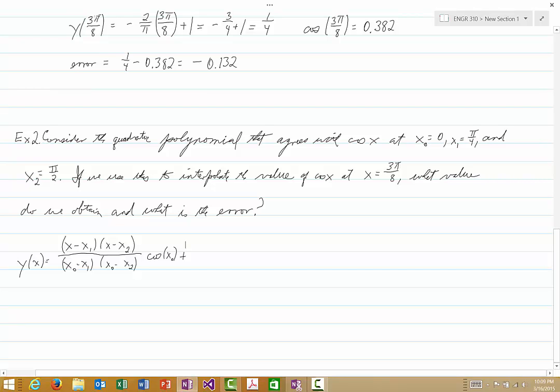And we'll have y of x0 equals cosine of x0. And notice also that when we stick in x equals x1, this term goes away, and when x equals x2, this term goes away. So this is a good way to write the coefficient of the cosine of x0, and then in fact, I hope you'll maybe stop the video now and try to come up with the next coefficient, because it's a very similar idea.